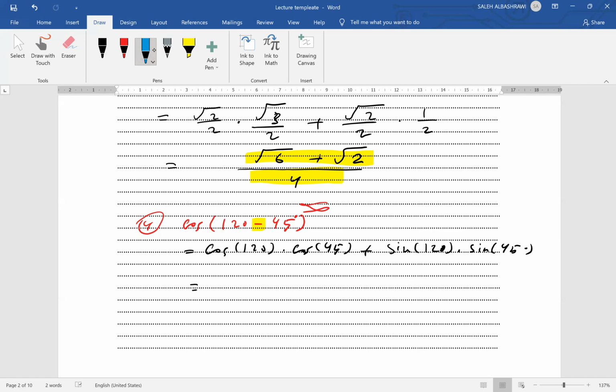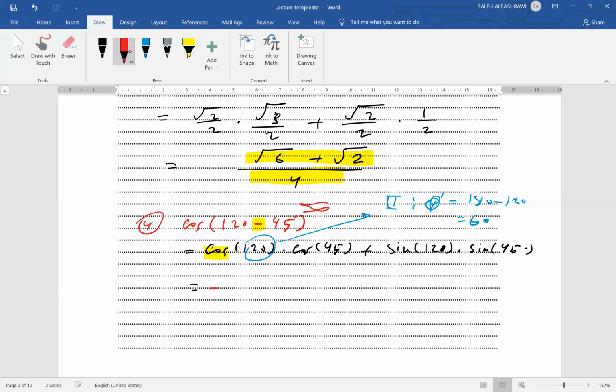Now cosine 120, this is in the second quadrant. So the reference angle is 180 minus 120, which is equal to 60. But the cosine in the second quadrant is negative.